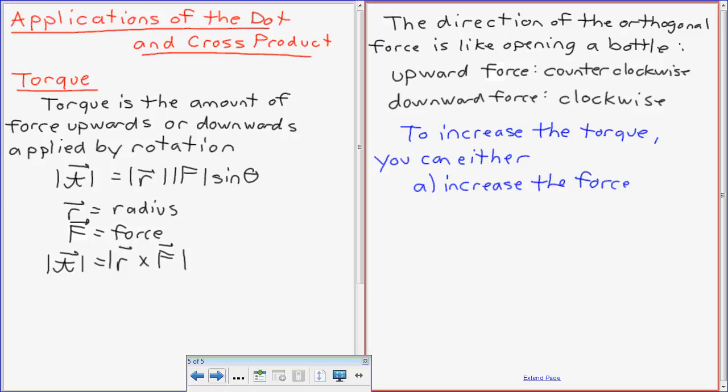The other thing I could have done, and this is what you'll see often with wrenches, is increase the distance that you're using, and it becomes a lot easier. So part B would be increasing the radius, the distance of the force applied.